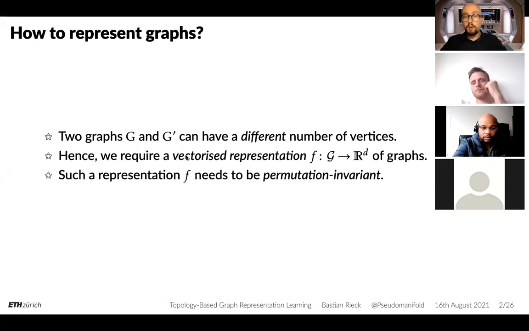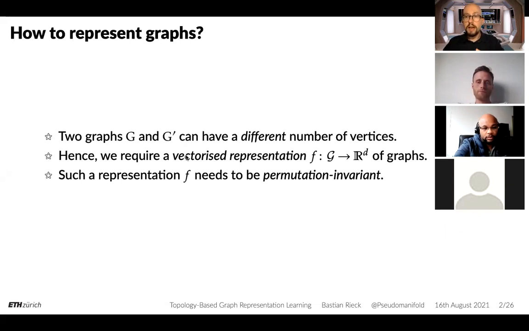Now, to represent graphs, there are a few options, but already at the very beginning, we are kind of plagued by some issues with graphs in general. Namely, if we take two graphs G and G prime, they can have a different number of vertices.